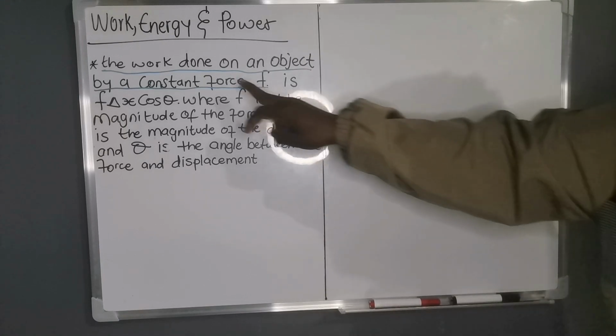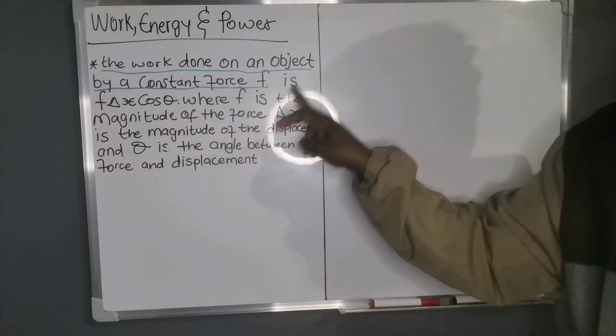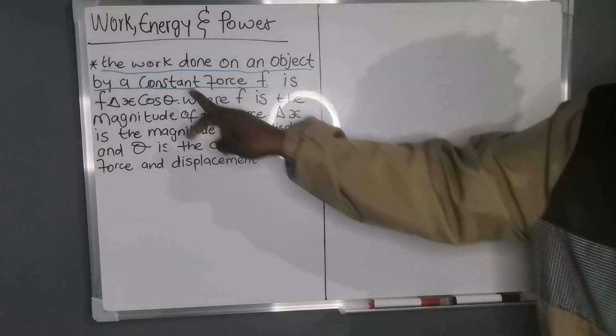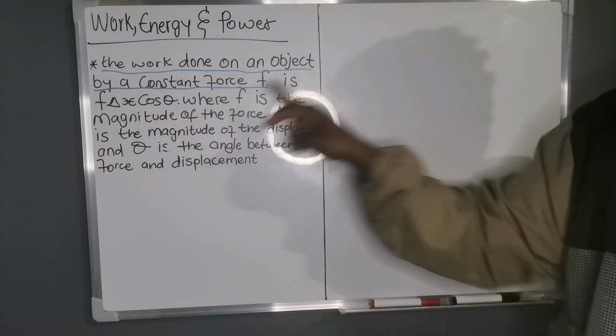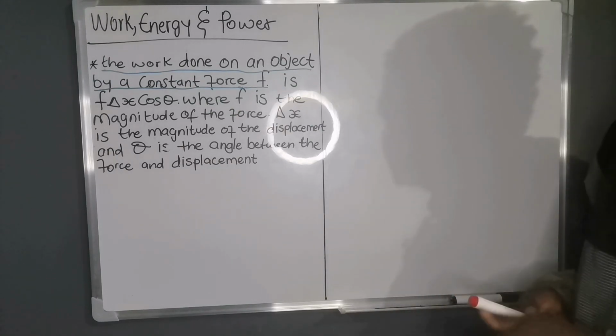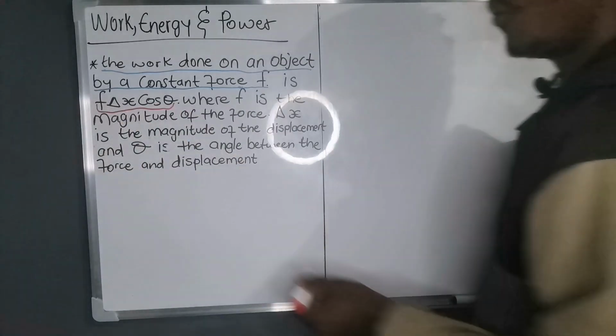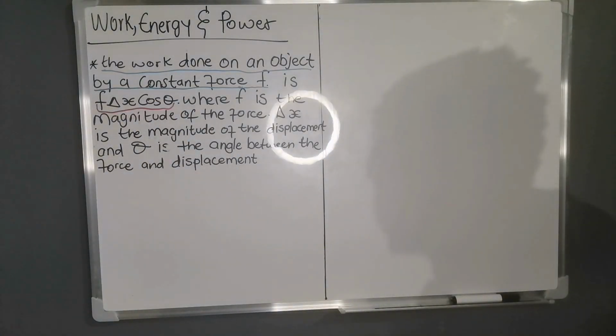So now the work done on an object by a constant force F is, which means this is the formula for work done. The formula for work done is F times change in x times cos theta. This is the formula for work done on an object.